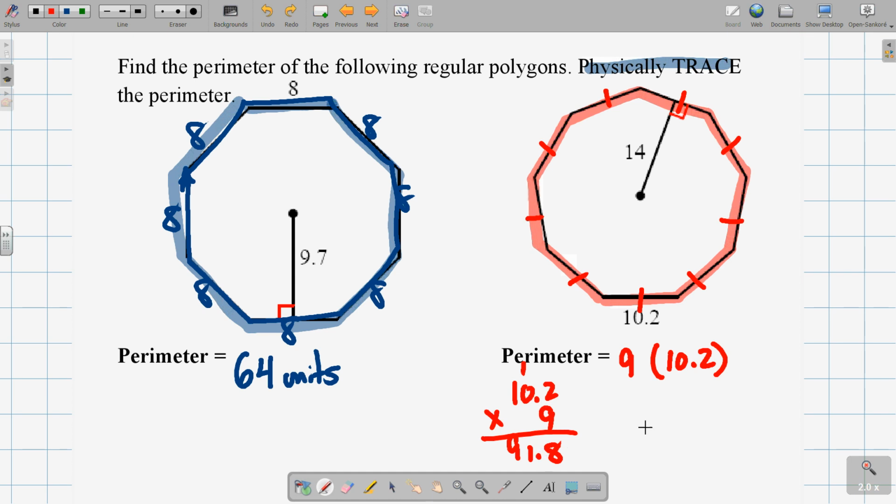And of course, my perimeter is 91.8, and it's not units squared, it's just units because it's perimeter. So whenever you work with perimeter, physically trace your edges. Always. Do not trust your eyeballs for that.